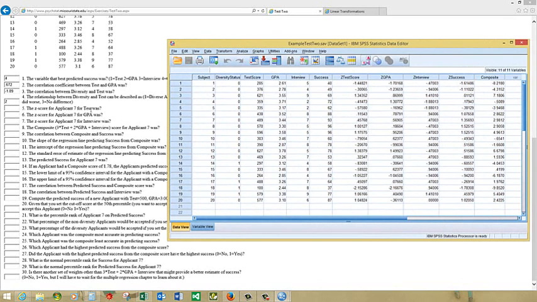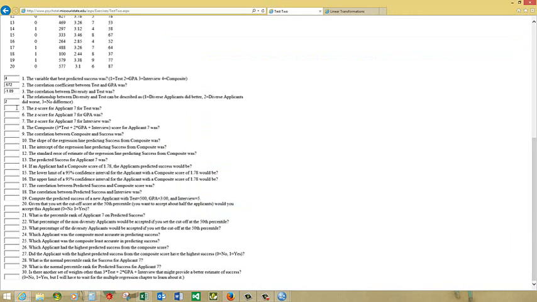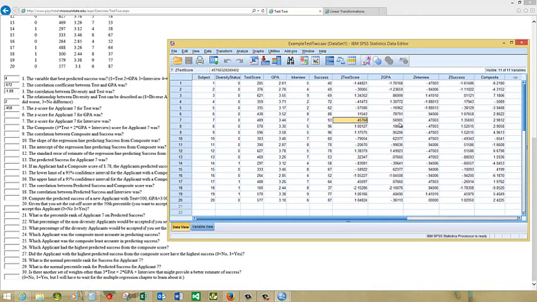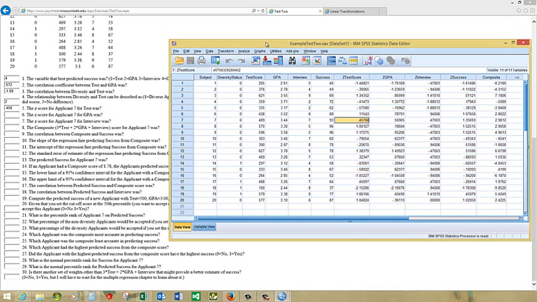The z-score for test for applicant 7 was 0.458. For GPA, applicant 7 for GPA, 0.569.